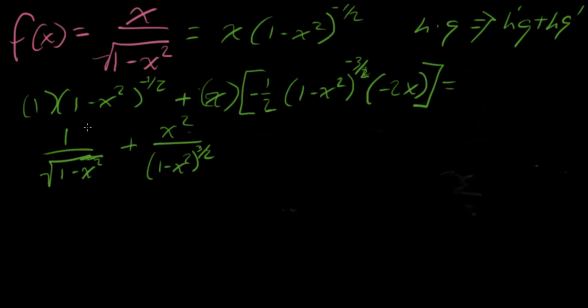So if I multiplied top and bottom by 1 minus x squared, then this will now be to the 3/2 power.